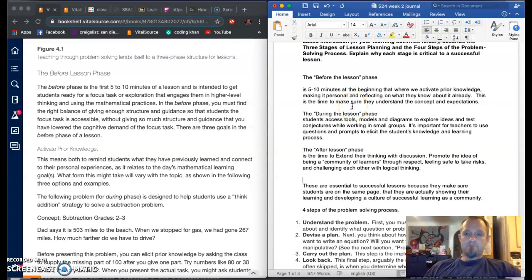The during the lesson phase is when we can work in small groups. We can open it up for the students to use the tools and diagrams and models in order to make the lesson happen in an engaging and inspiring way.